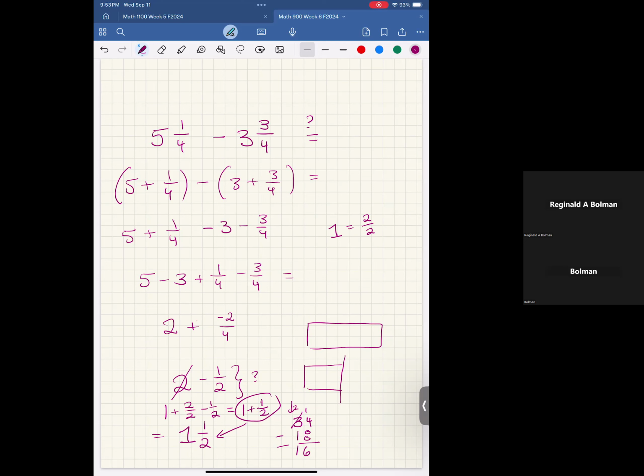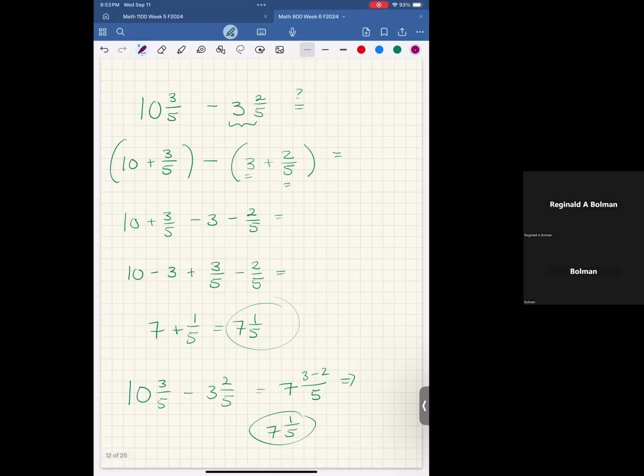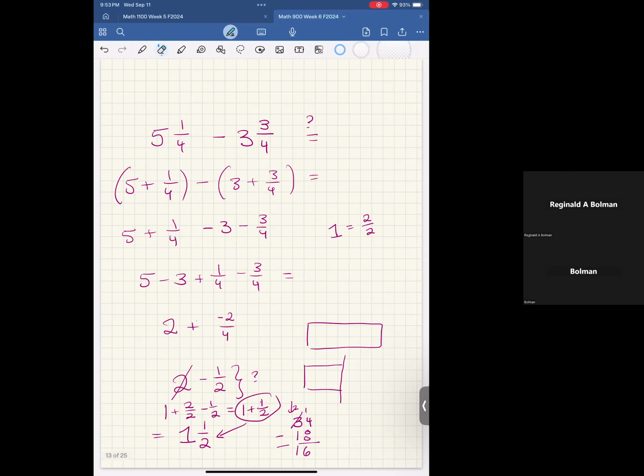However, one thing you should know about whether we're adding these mixed number terms, or we're subtracting these mixed number terms, is just like with the addition and subtraction algorithm, you can actually line up your numbers.